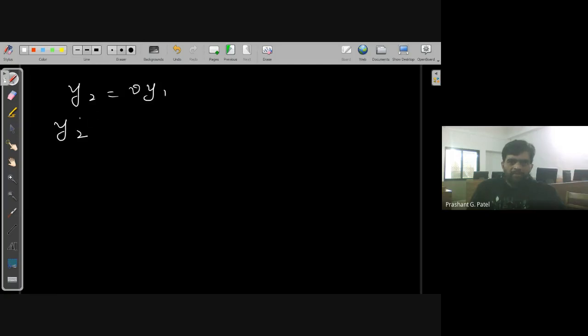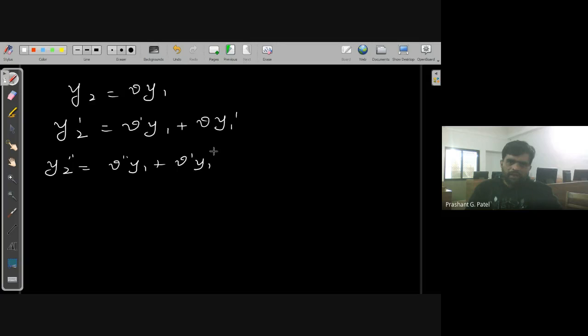So y2 dash, because v is also a function of x and y1 is also a function of x, is v dash y1 plus v y1 dash, and y2 double dash is v double dash y1 plus v dash y1 dash plus v dash y1 dash plus v y1 double dash. That is the product rule for derivatives I have used here.